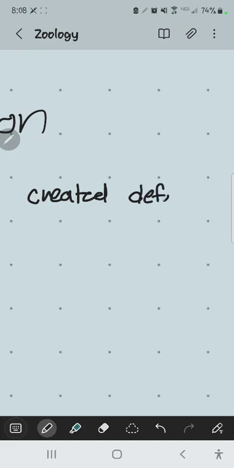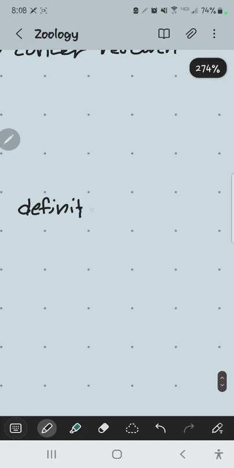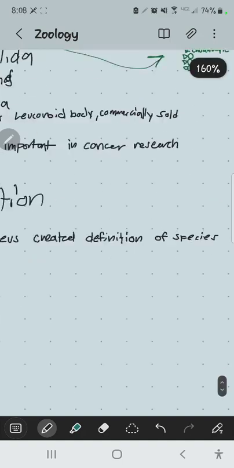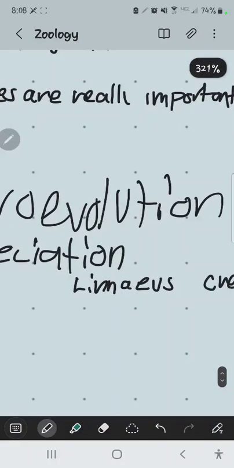So Linnaeus came up with what could feasibly be the first definition of a species, what we could call a typological species. It's based on physical appearance. Remember, when I first gave you the shells, I had you group them based on what you thought were superficially related and which were not.